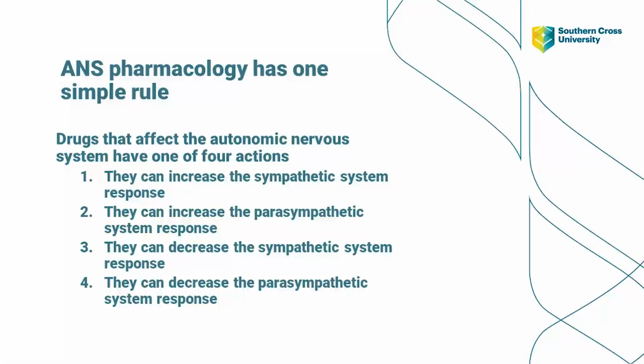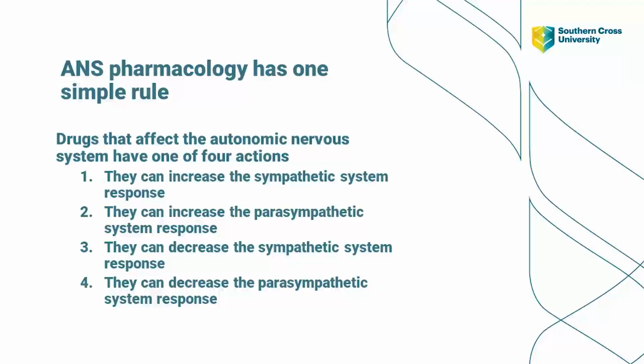What would happen, for instance, to the heart rate, the contractility of the heart, the diameter of most of the blood vessels in the case of an increase in the sympathetic nervous system? And yes, if the drug was increasing the sympathetic nervous system response, the increase in heart rate, increase in contractility, and the contraction of the blood vessels would all occur, and that type of drug would greatly increase the blood pressure.